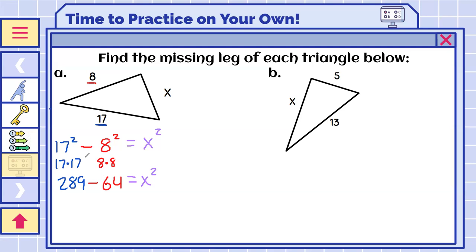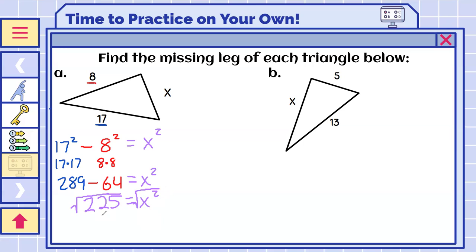Your next step is your subtraction. So if you did 289 minus 64, and you got 225, then you would have been absolutely correct. Lastly, if you knew to find the root of both of these sides, in other words, what number times itself gives you this number, you could have done this in your head, or you could have used a calculator.